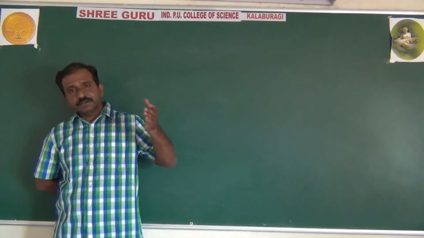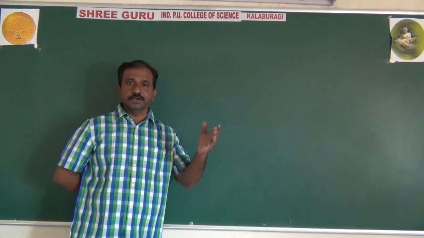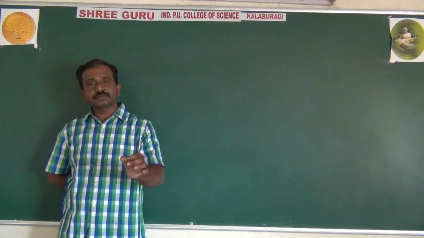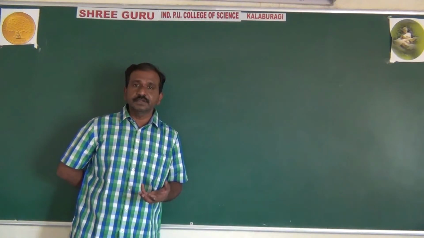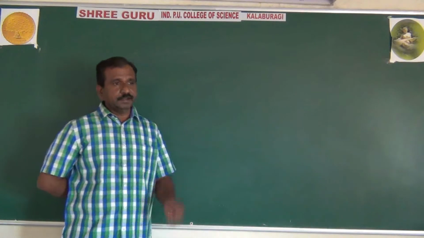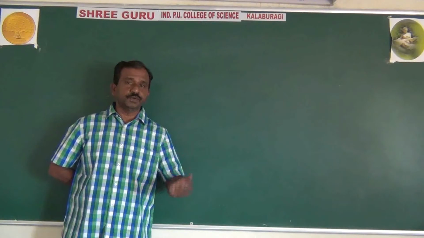Morphology and anatomy of flowering plants we have already studied, so it is not necessary here, but here we are studying the general characteristics of algae, bryophytes, pteridophytes and the gymnosperms. The majority of plants are autotrophic or photosynthetic in nature.